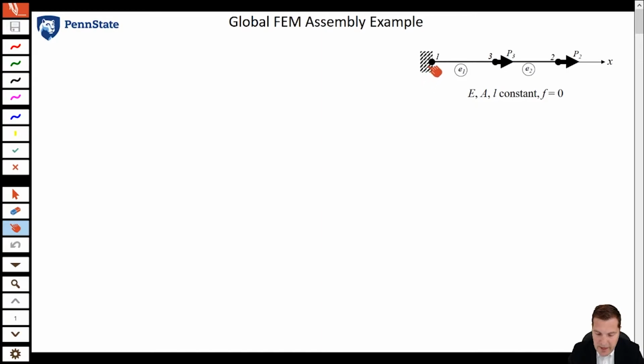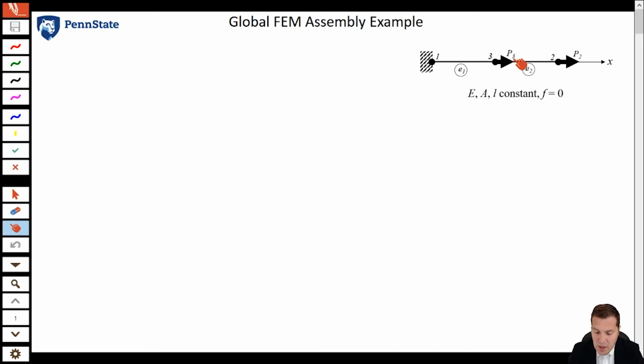You can see that we have three nodes, 1, 2, and 3. Notice that this is two elements, E1 and E2, and notice that I mixed up the connectivity here. So instead of going 1, 2, and 3, I specified it as 1, 3, 2. So that provides a little bit more challenge to us as we fill in these global matrices.